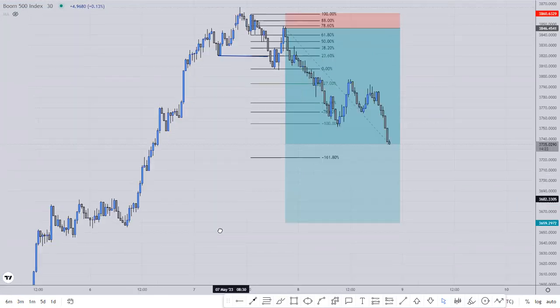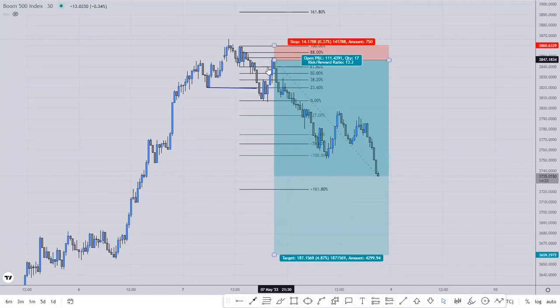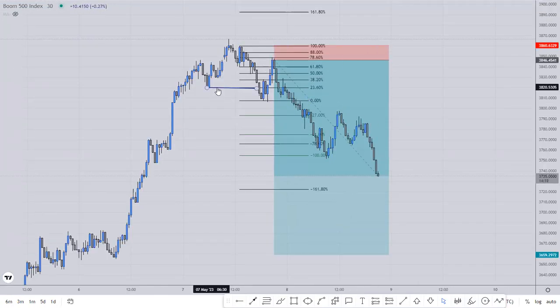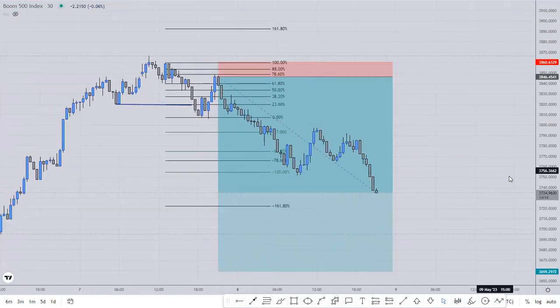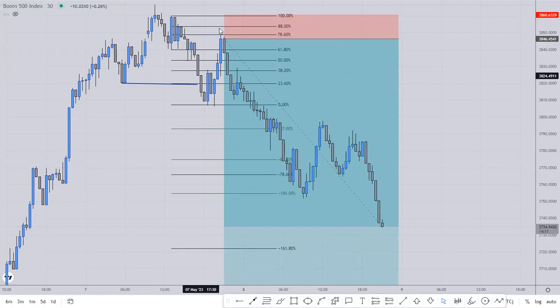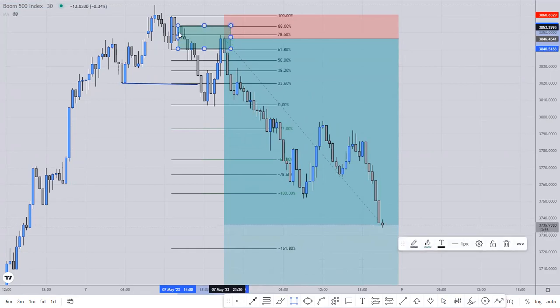But you can see that you could have entered here, pulling back after this internal change of character, this internal shifting structure. You wait for a pullback, 78.6. You could have also drawn, if you wanted, here, this one was a supply.